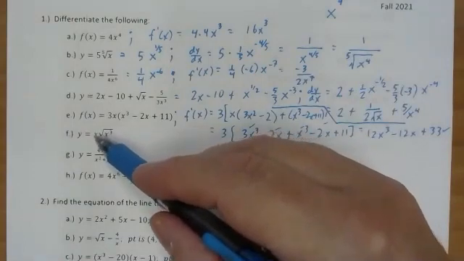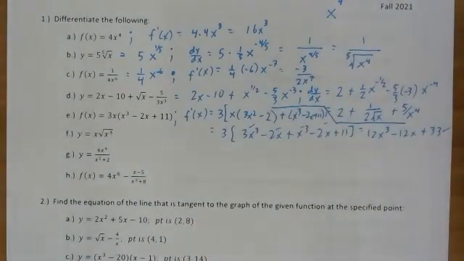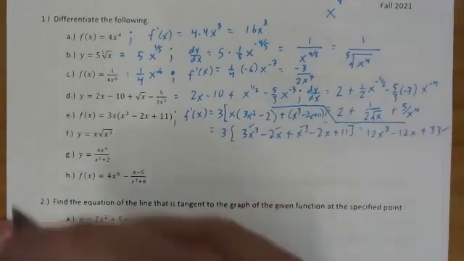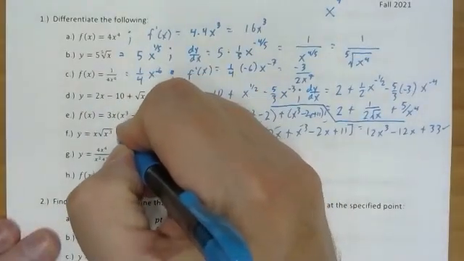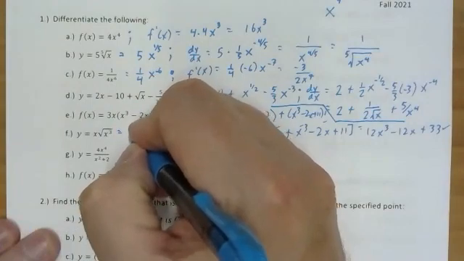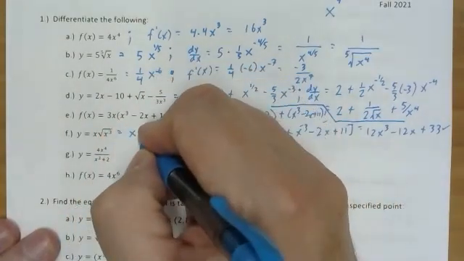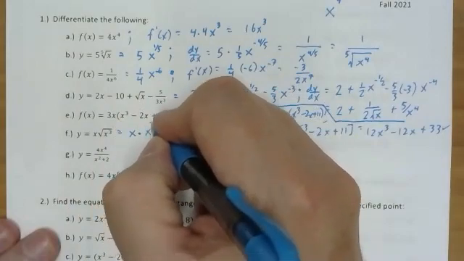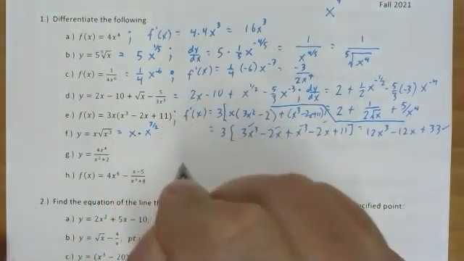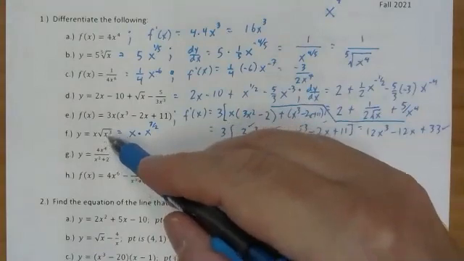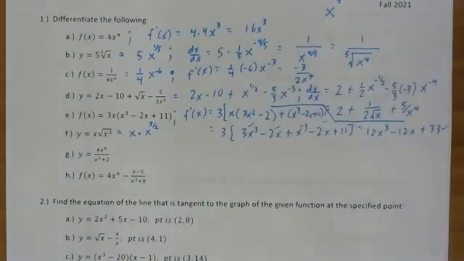I could simplify this and use the power rule, but I don't mind getting some practice for the product rule. First thing I have to do is get rid of this square root. So the square root of x cubed is the same thing as x to the 3 halves.